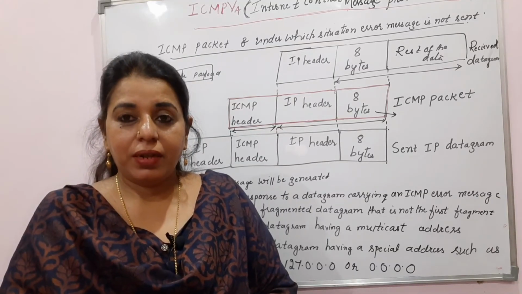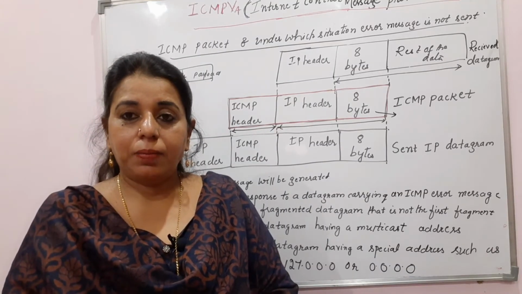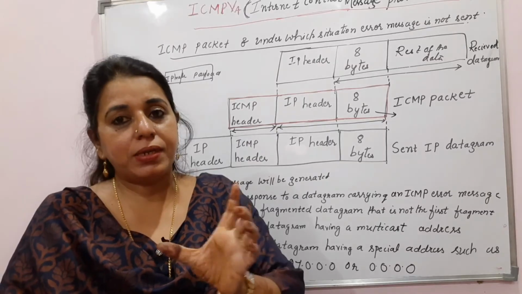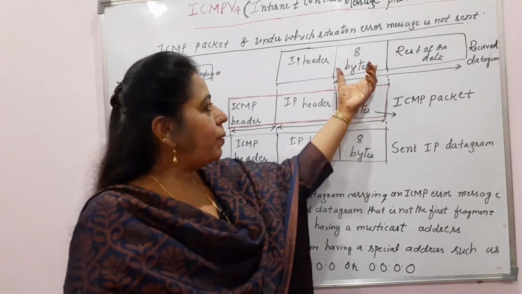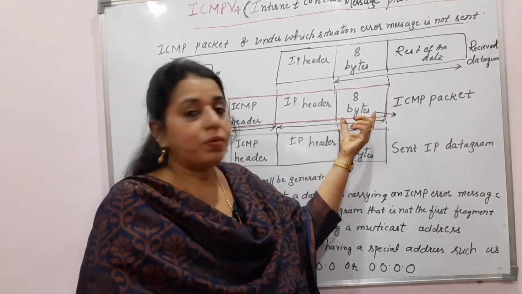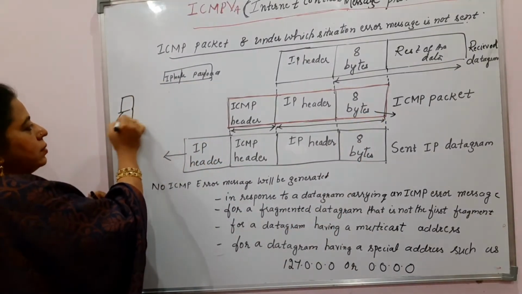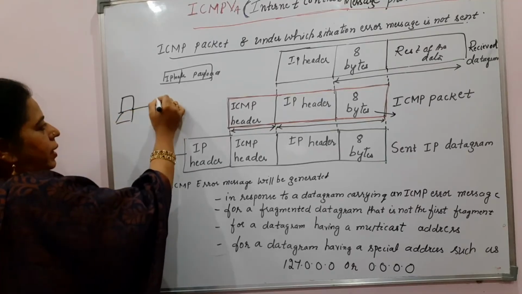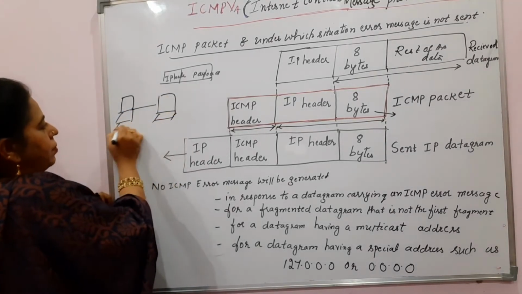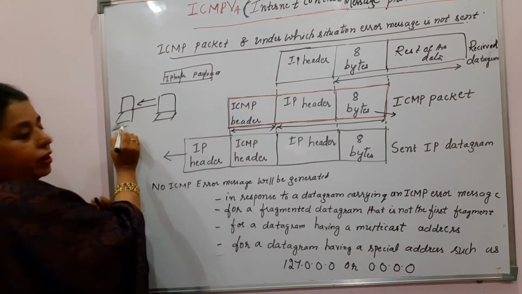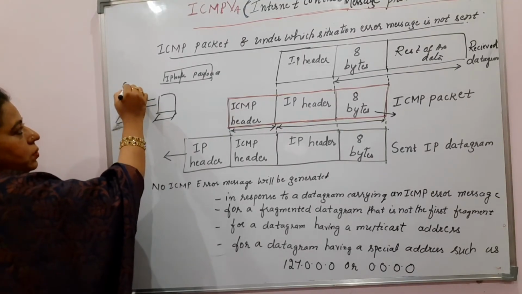Whether the protocol used is UDP or TCP, the port number information is present in the first 8 bytes of the data part of the IP packet. And that information is very much needed, because ultimately the error messages are reported to the source host. This is the source host.